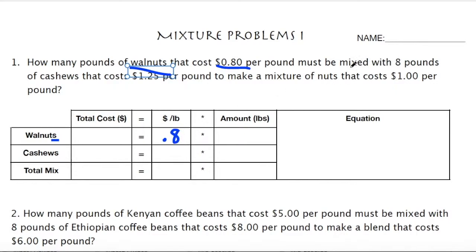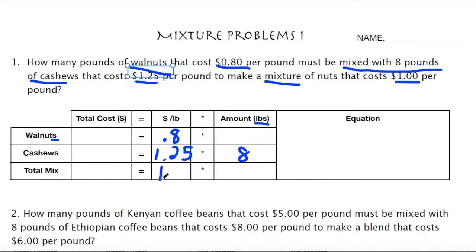It also says that we're going to mix it with 8 pounds of cashews. Here's the pounds column, and here's 8 pounds of cashews, and those cost $1.25 per pound. So I'm going to put in $1.25 here for cashews. And we want to make a mixture that costs $1 per pound.